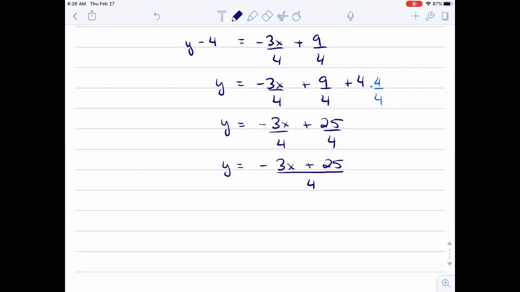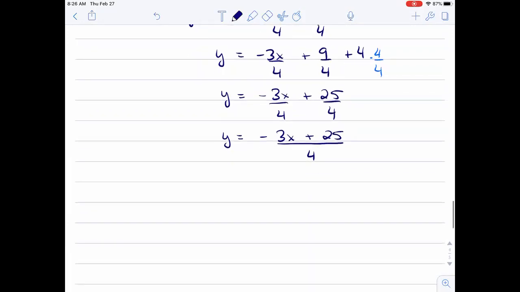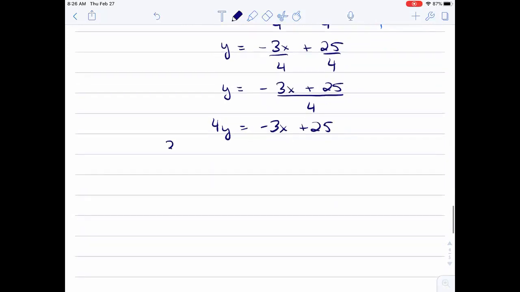You can leave it in this form or even in the previous form if you want it in the form of y equals mx plus b for a line. Or we can redefine it as an implicit function, bring it back to an implicit function. And so we can bring the 4 over, so we get 4y is negative 3x plus 25. And so we get 3x plus 4y equals 25.